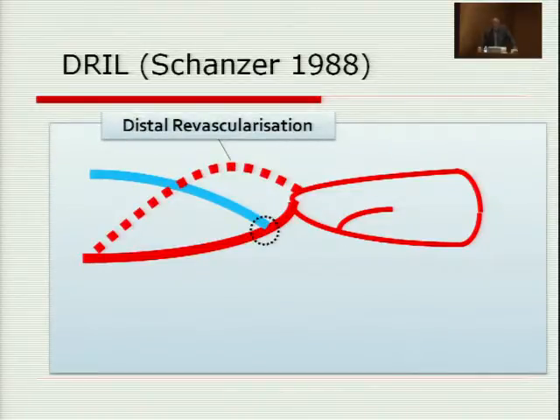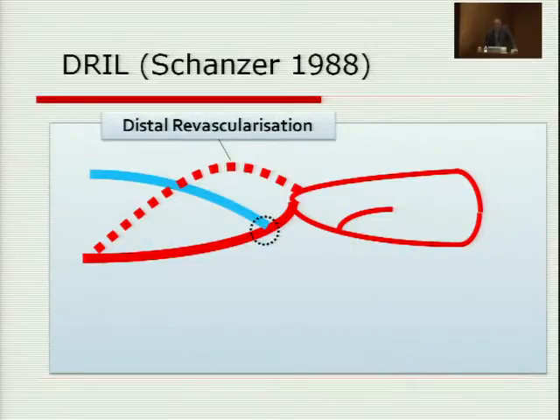The first thing is to insert a great saphenous vein of the patient between the upper part of the brachial artery to the distal part of the brachial artery, or to one of the distal arteries.